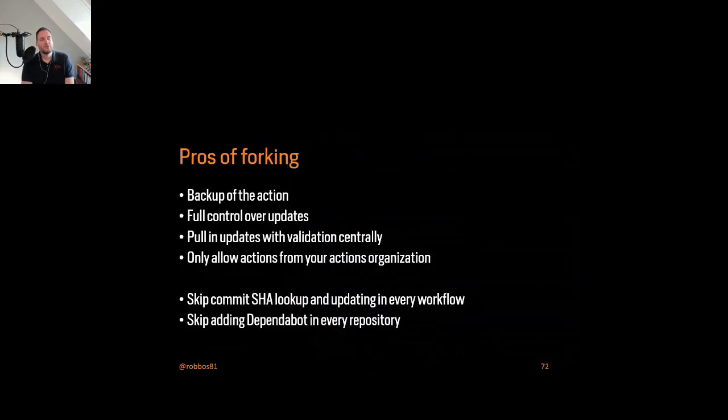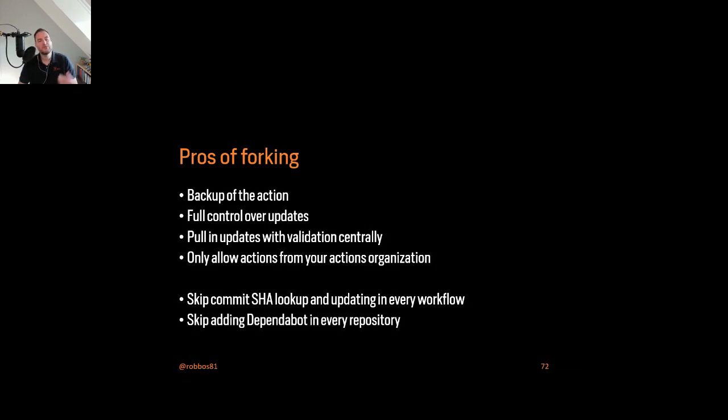Working this way has some benefits. You, of course, still have the backup of the action, but you also have full control over any updates that you're pulling in. You have a central setup to pull in updates and manage and authorize any actions that you use. So you can leverage your DevOps teams for that and give them the opportunity to make those decisions. And you can then, in your production environment, say, I only want to allow actions from my actions organization.